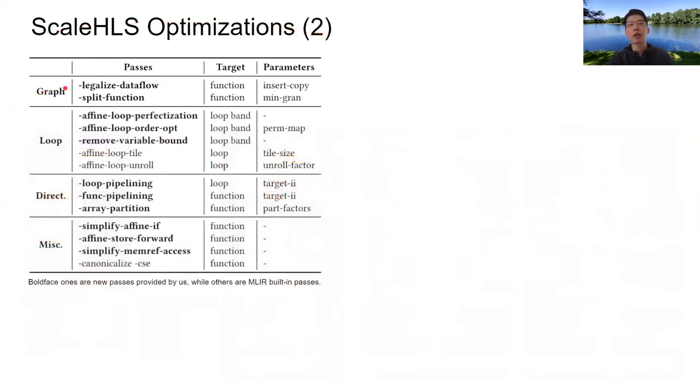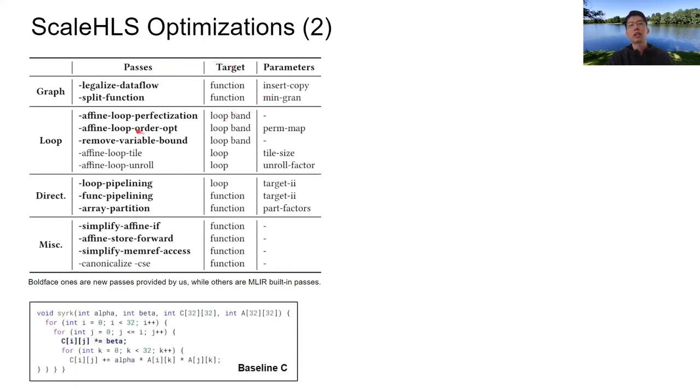And then, apart from graph level, we also have quite some loop level optimization directive and other simplification optimization passes provided in ScaleHLS. Here, the bold ones are new passes developed by us, and the others are the MLIR built-in passes we leveraged in ScaleHLS.